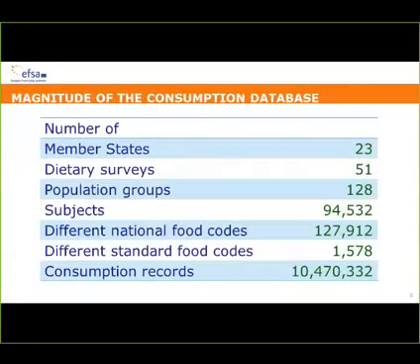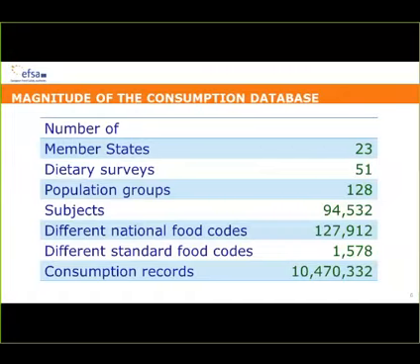Here are a few numbers about this database to tell you more or less the magnitude of it. So we are currently covering 23 member states. In total, we collected data from 51 different surveys, because in some of the member states, they have different surveys for different age classes, so children, adults, elderly, and so on.